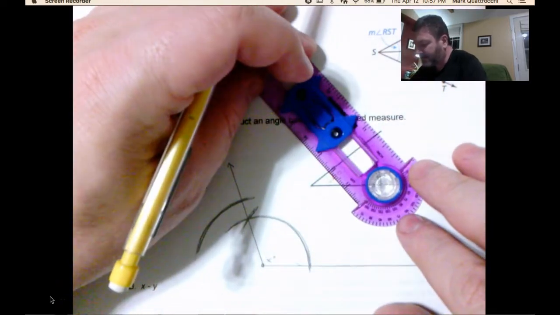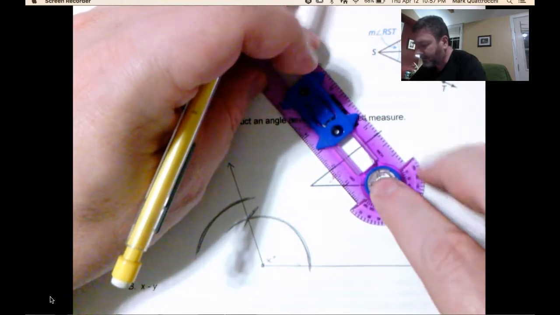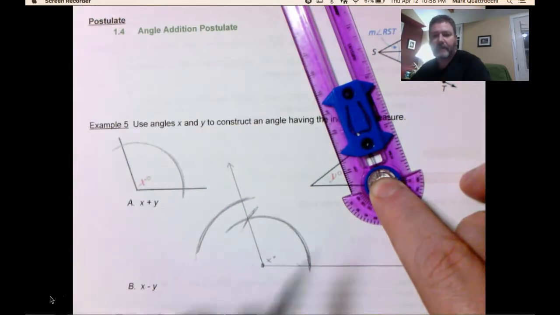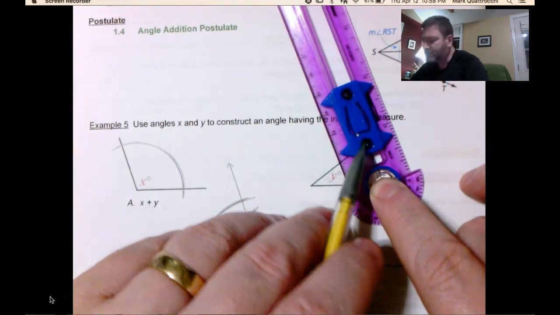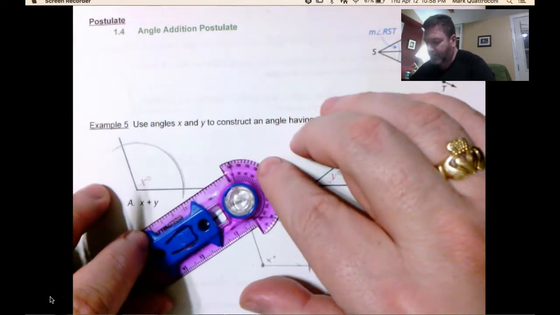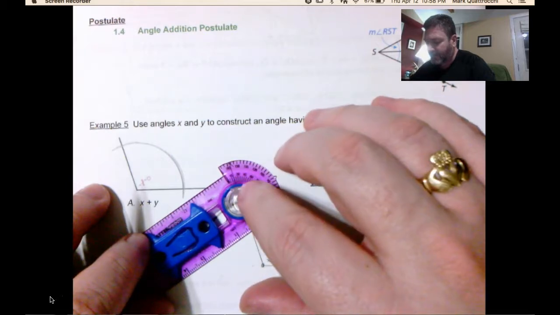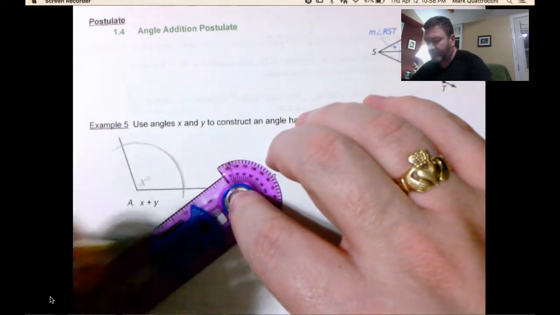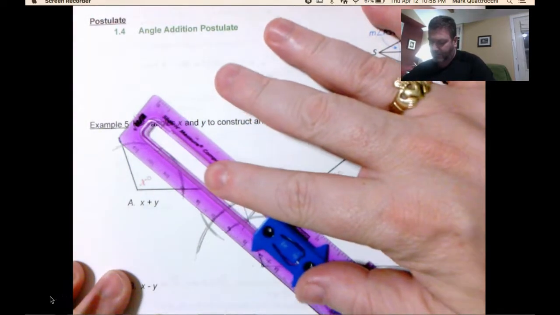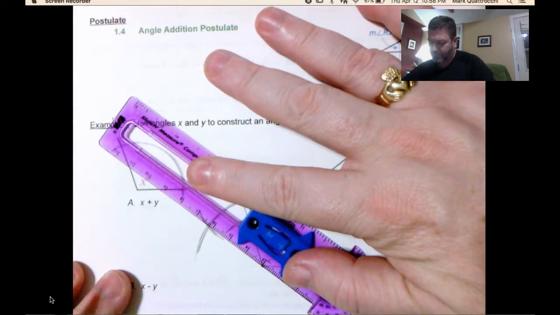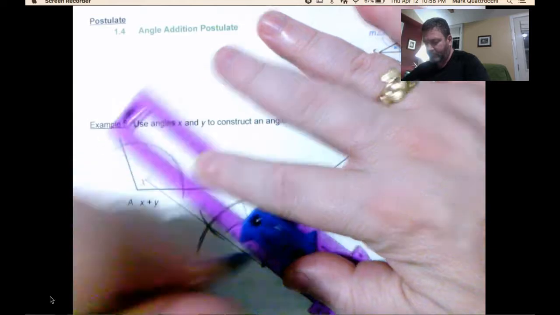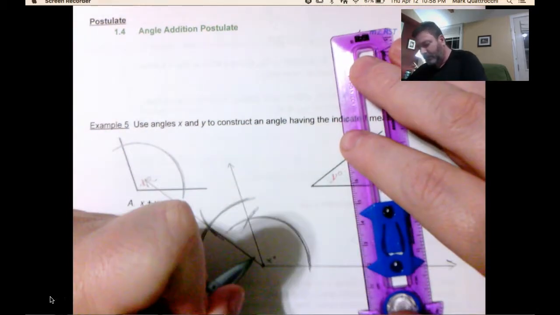Now I'm going to set my radius to the length of that arc. You'll probably be able to see it in the camera this time. Maybe not. But that is right over the intersection. Set my center on the intersection there. Draw my arc. Connect through. This is Y degrees.